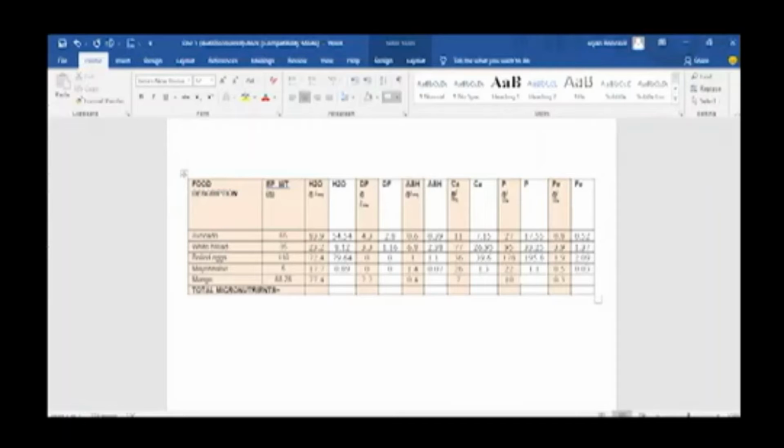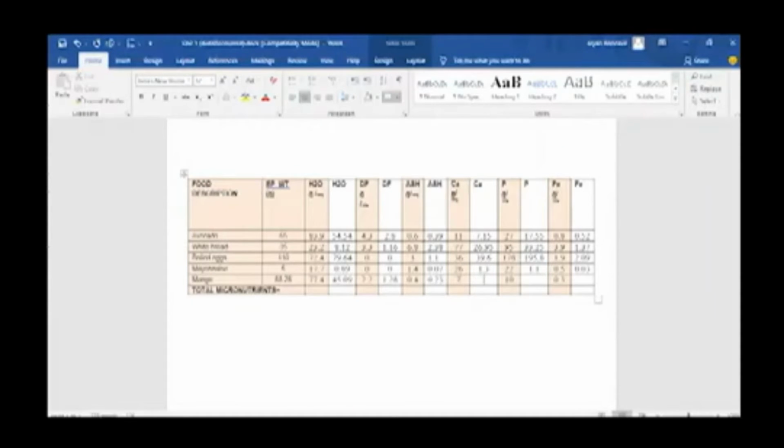Then we have mango. 77.4 times 58.25 divided by 100 is equal to 45.09. Then 2.2 times 58.25 divided by 100 is equal to 1.28. Then 0.4 times 58.25 over 100 is equal to 0.23.